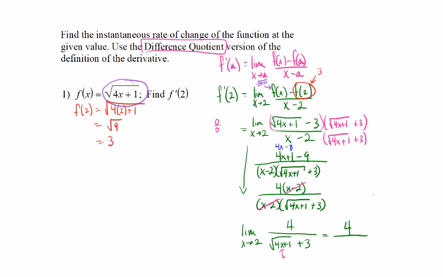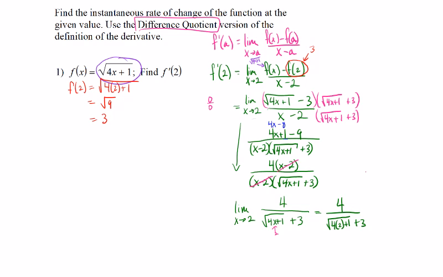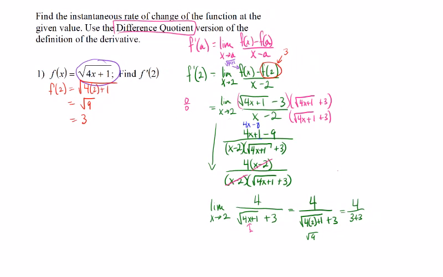4 over the square root of 9. Let me just show the work here. So it'll be 4 over the square root of 4 times 2 plus 1, plus 3. This is going to be the square root of 9, which is 3, so it'll turn into 4 over 3 plus 3, which is 4 over 6.